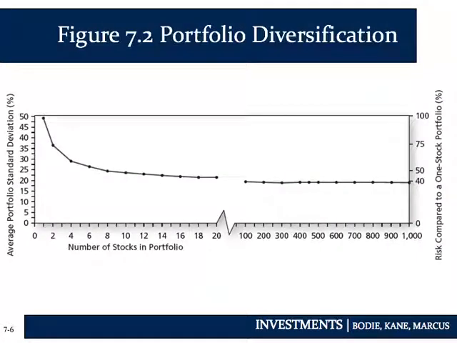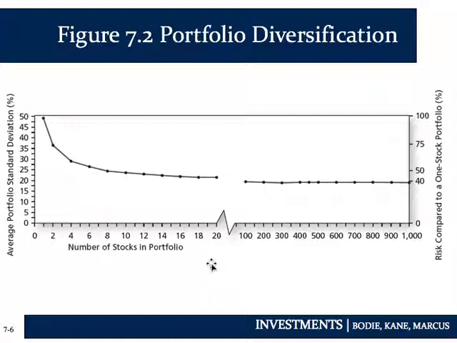Now, if you do the math on this, you'll see the average standard deviation, which is here in the vertical axis. If you only have one or two stocks in the portfolio, there's going to be wide deviation in the returns because they could be moving up and down all over the place. Whereas if you get out to 20, 30 stocks, you start to see that you become the average in the risk or the volatility, and it flattens out.